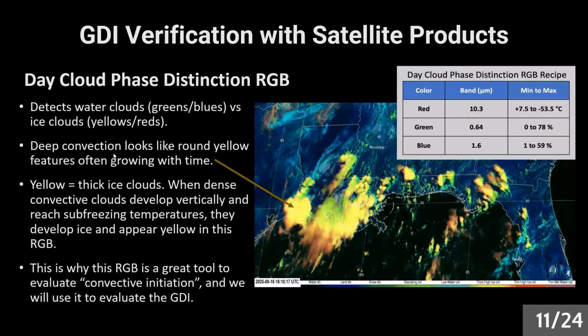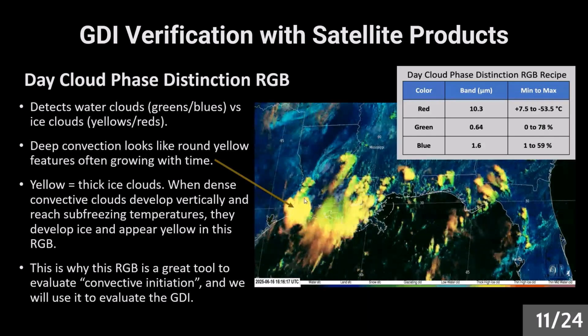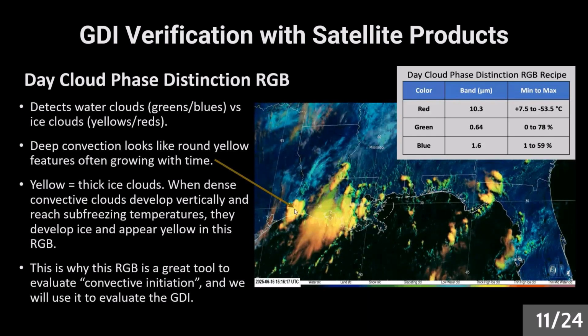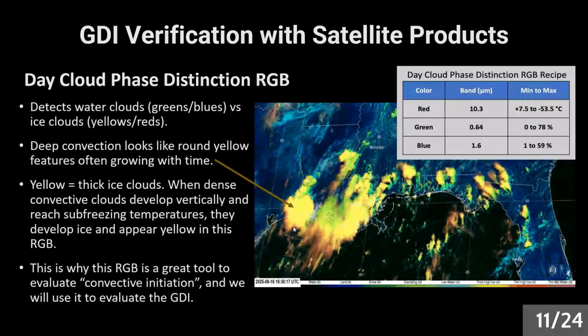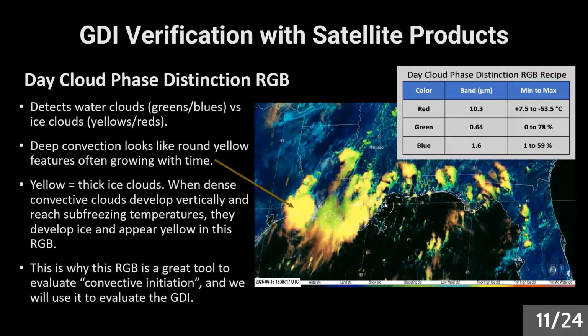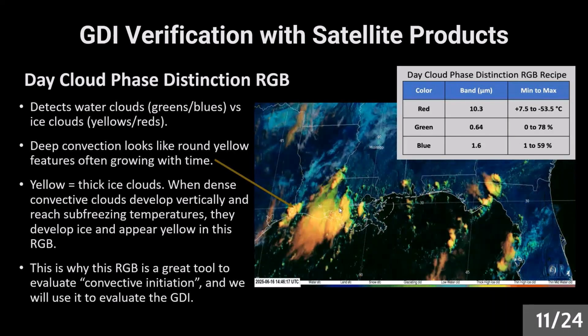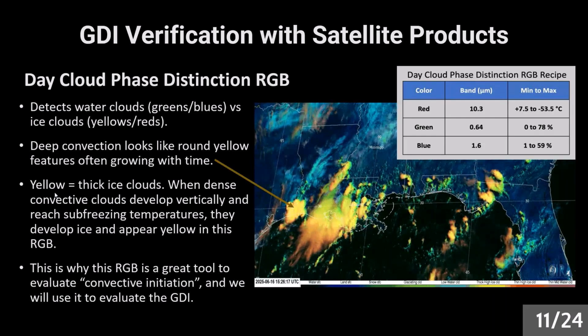So in this RGB, deep convection looks like round yellow features often growing with time. So in this particular example, you can see this convective cell growing and this would be in southwest Louisiana. So Louisiana is getting a lot of development of convection during this period. Now, yellow means thick ice clouds.